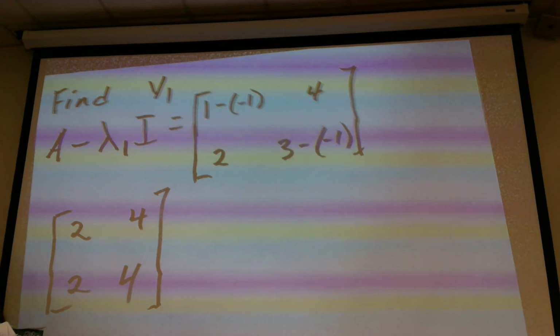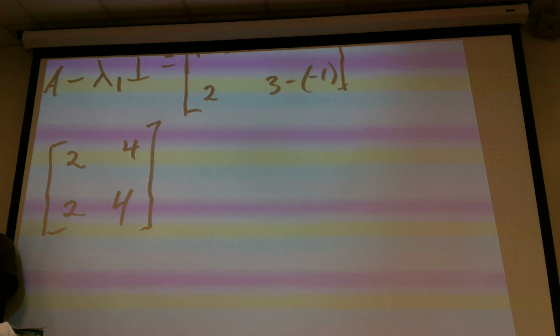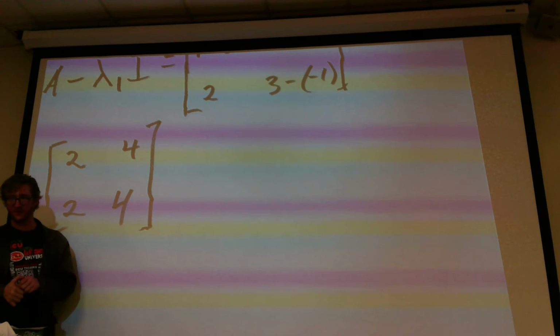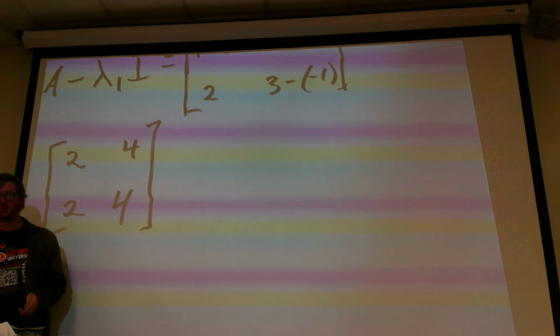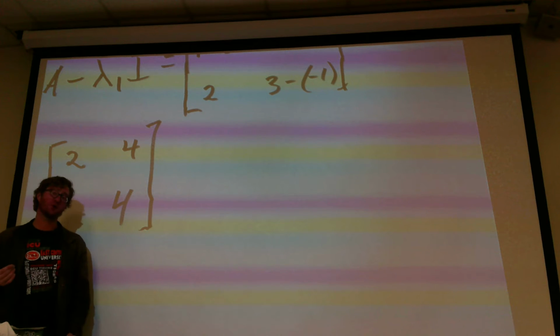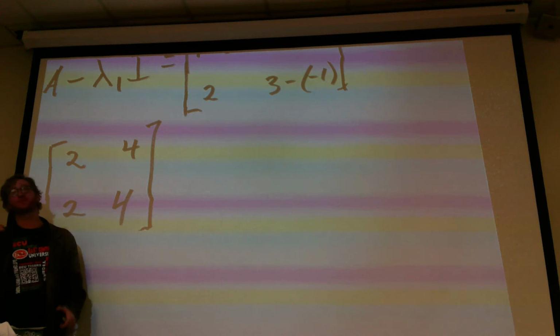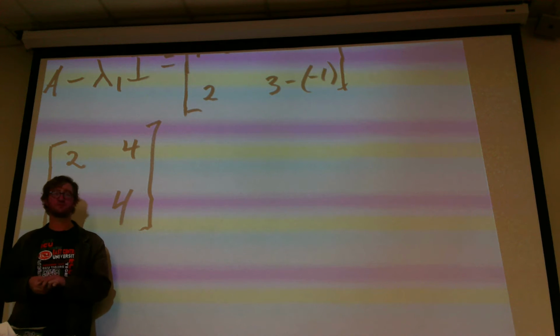Okay? So just as in the previous problem, when you take the determinant of A minus lambda I, what happens is you're setting it equal to 0. By setting the determinant of A minus lambda I equal to 0, you are basically creating a linearly dependent column space.